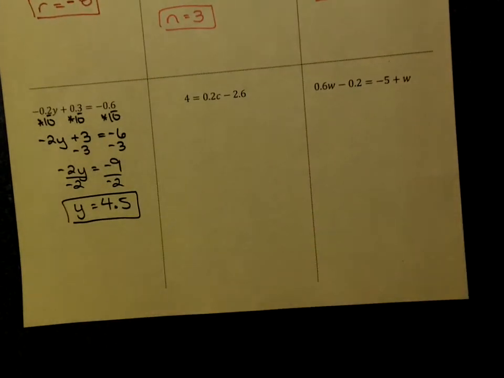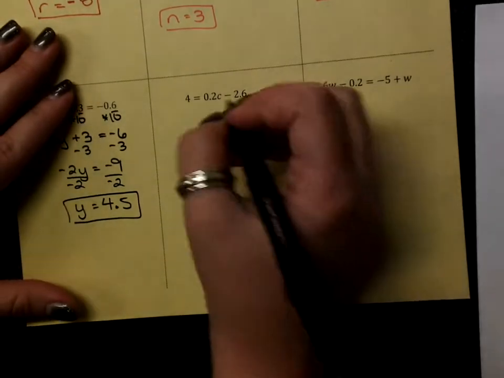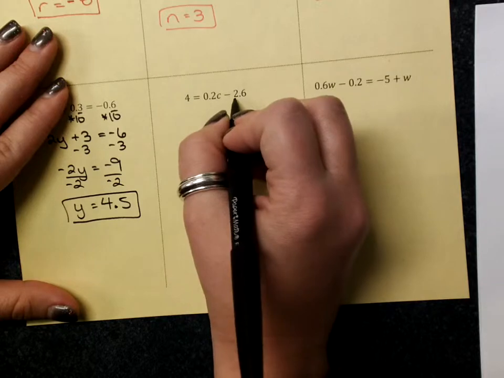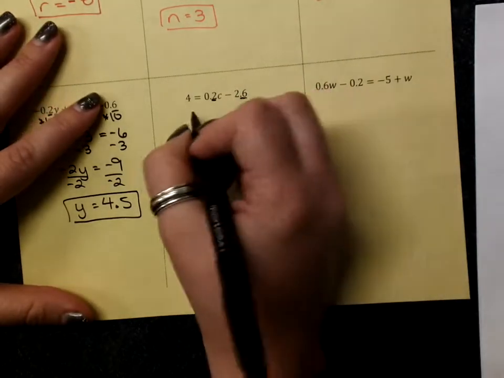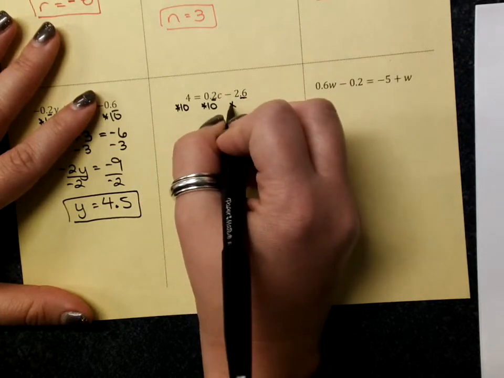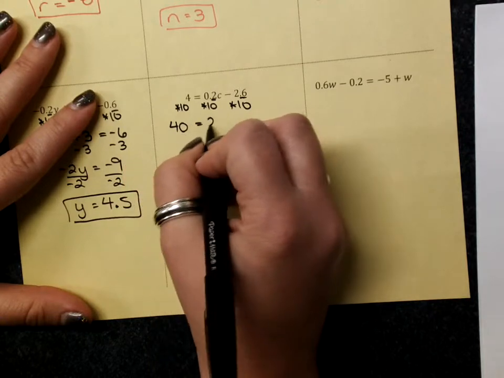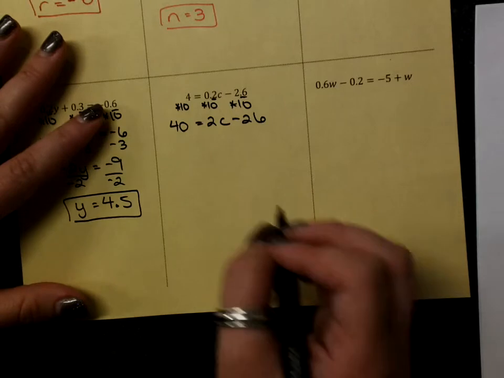Alright, the next couple, if you want to try them on your own, pause the video and go ahead and give them a try. Here we have 4 equals 0.2c minus 2.6. One decimal point, one decimal place. So we're going to multiply by 10, every term by 10. That gives me 40 equals 2c minus 26.